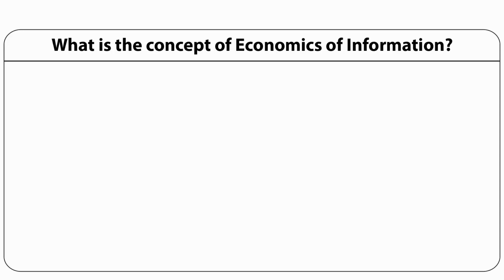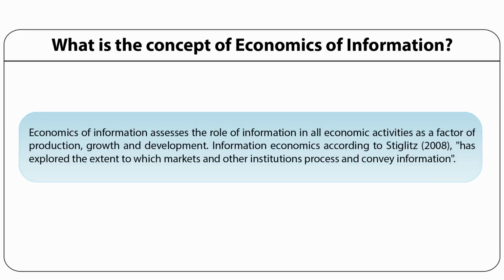Now let's come to our first objective. What is the concept of economics of information? Well, the discipline of economics is divided into 2 general fields, microeconomics and macroeconomics. Now, microeconomics analyzes the economic decision-making process of individual units, maybe persons, households, firms or industry in an economy.